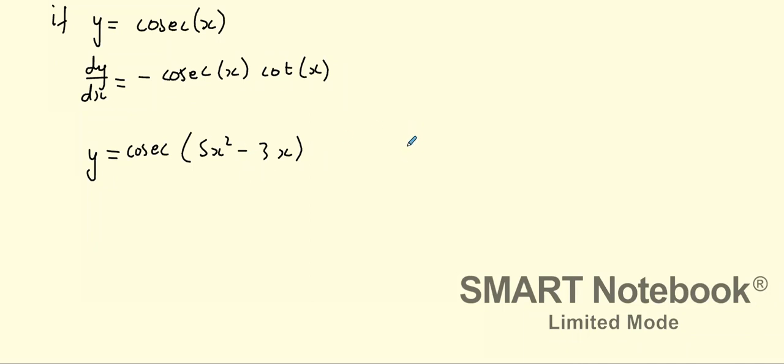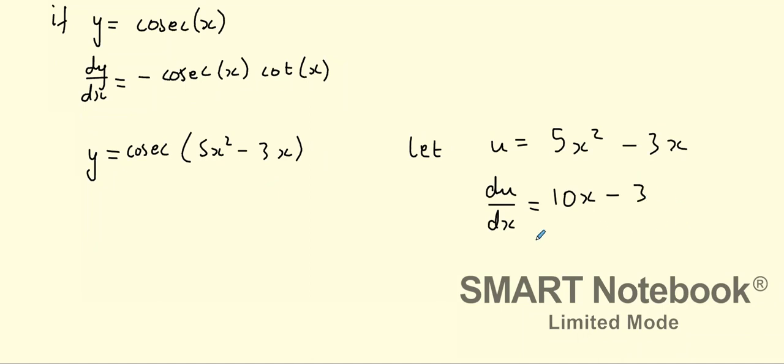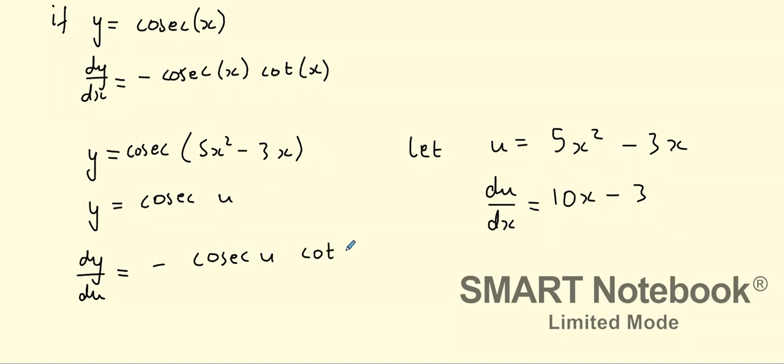So my first step here, I've got a funny bracket, so I'm going to let u equal the funny bracket. Again, if you're ever unsure, just start off with the chain rule and work it out properly. I can work out du by dx, that is 10x minus 3. y becomes cosec u, so dy by du is going to become minus cosec u cot u.